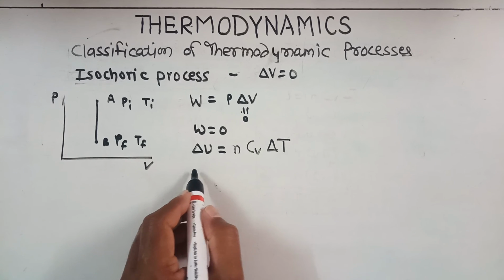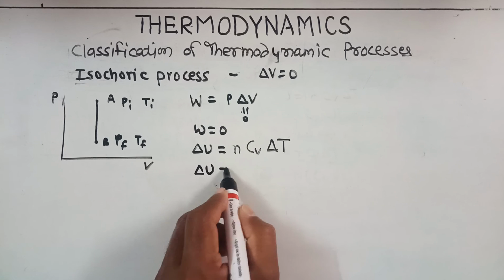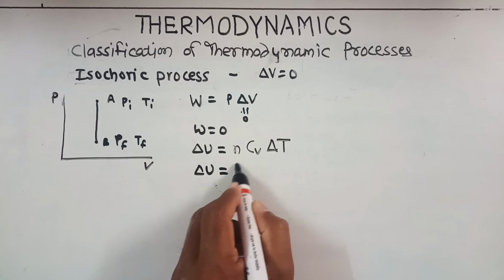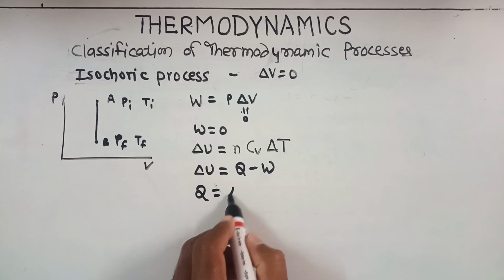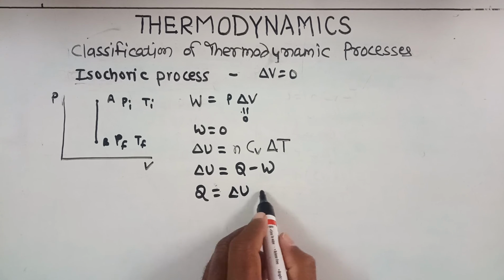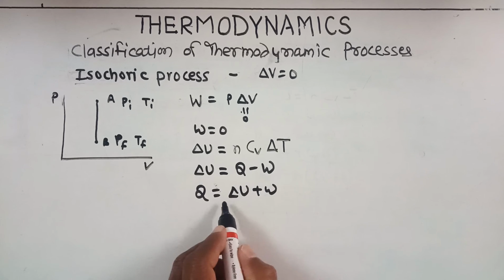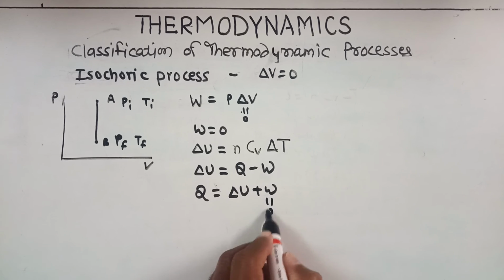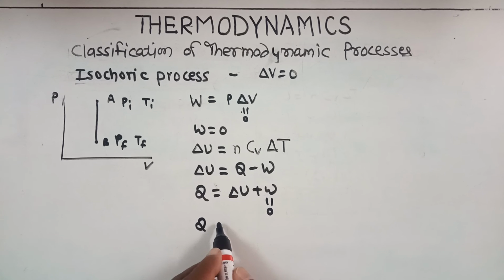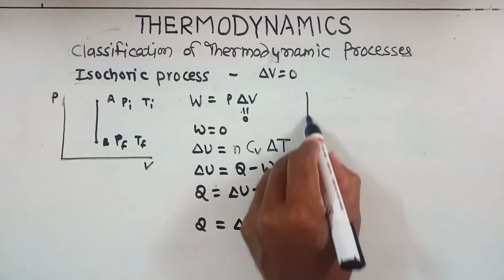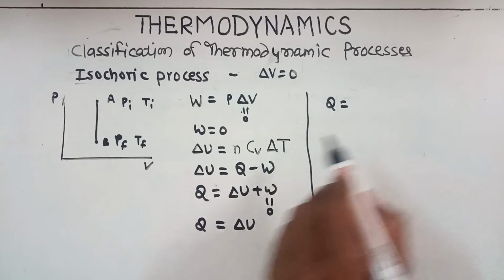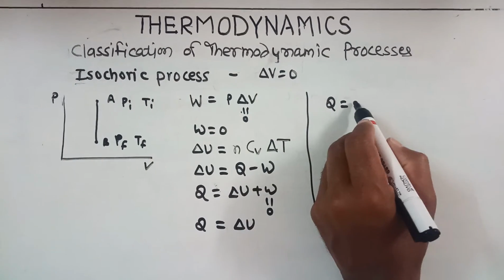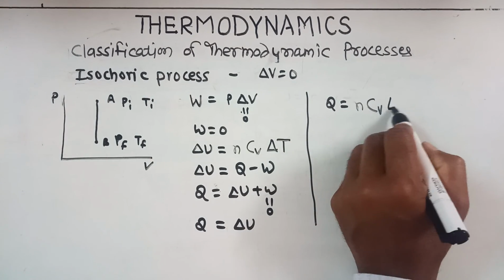According to the first law of thermodynamics, the change in internal energy del U is equal to Q minus W. So Q is equal to del U plus W, but here the work done is 0. So in this isochoric process, Q is equal to del U, and del U is equal to n Cv dT.